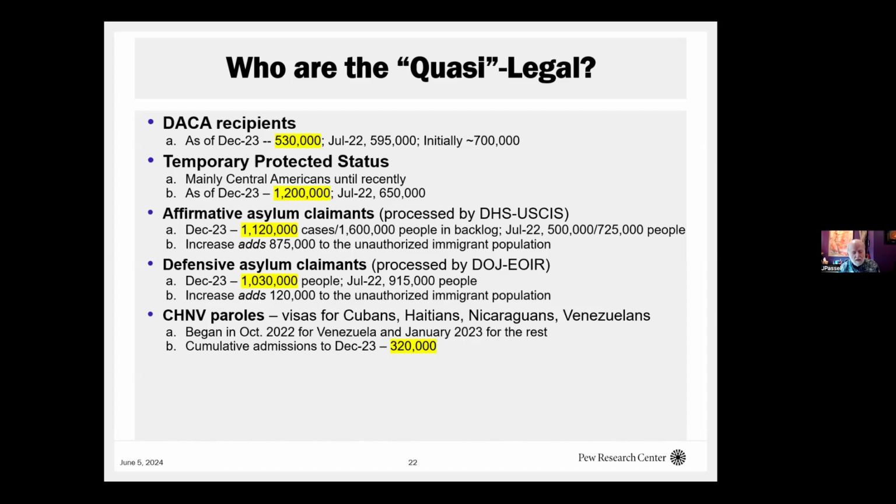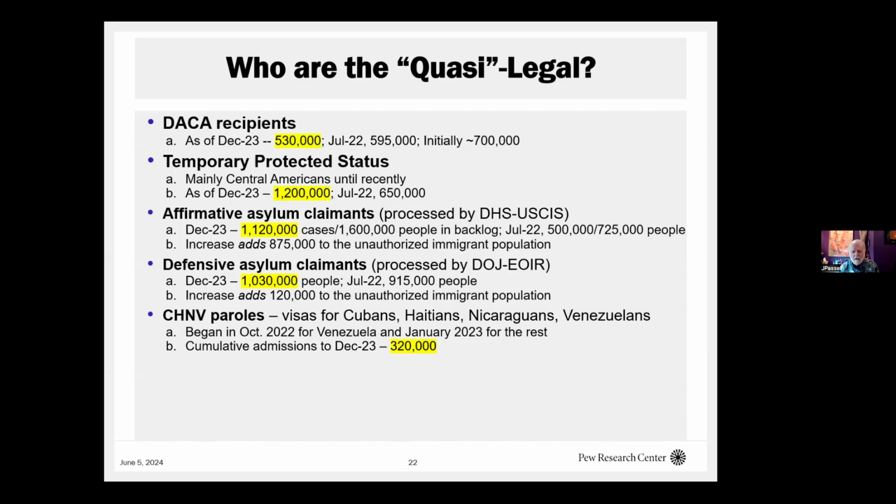The Biden administration instituted a new set of paroles for people from Cuba, Haiti, Nicaragua, Venezuela. It was a way of bypassing the illegal entrant process and to keep the number of asylum claims down. It started basically full bore going in January 23.